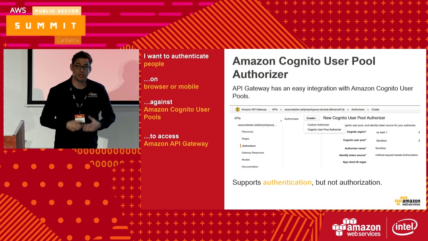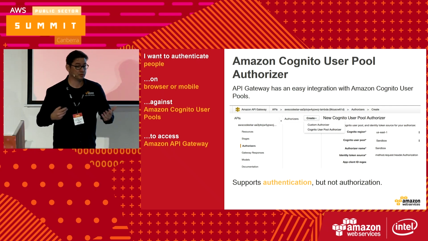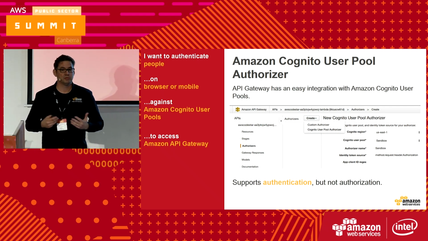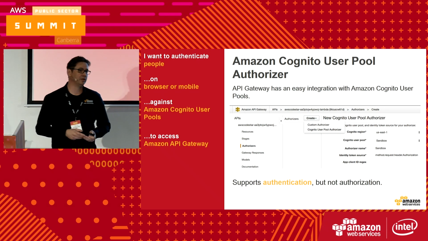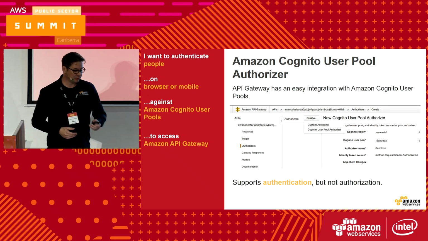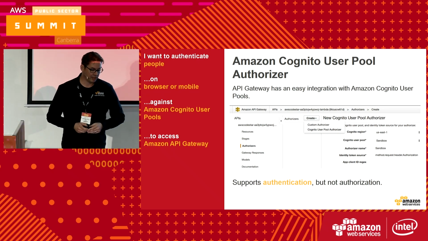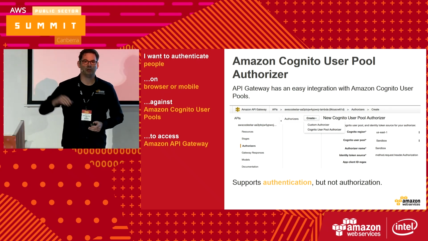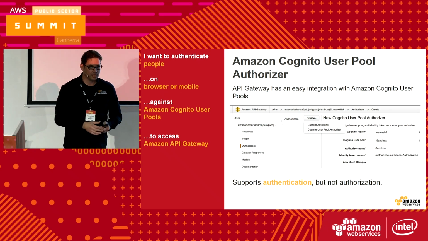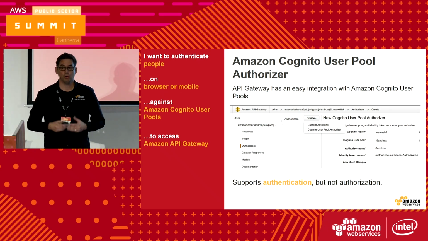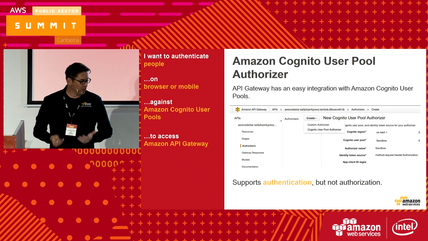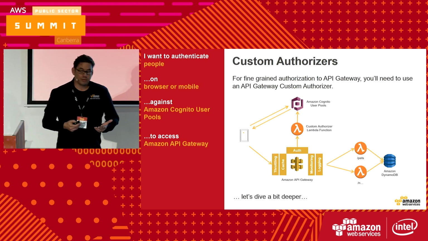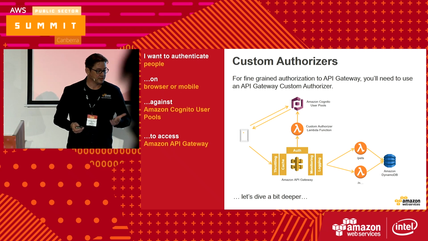Well, this is really easy to do with the Cognito user pool Authorizer, which is a built-in authorization functionality that allows you to simply configure in the API console or through our APIs the Cognito user pool that you want to authenticate against. Now, this supports authentication. Unfortunately, it doesn't support authorization. In order to support that, we need to create custom authorizers.